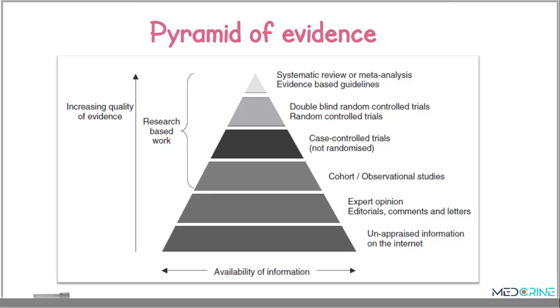And the research-based work ranges from cohort observational studies, case-control studies, double-blind controlled trials, that is randomized controlled trials, and systematic reviews and meta-analyses. Evidence-based guidelines have the highest quality of evidence, inasmuch as their availability is minimal.